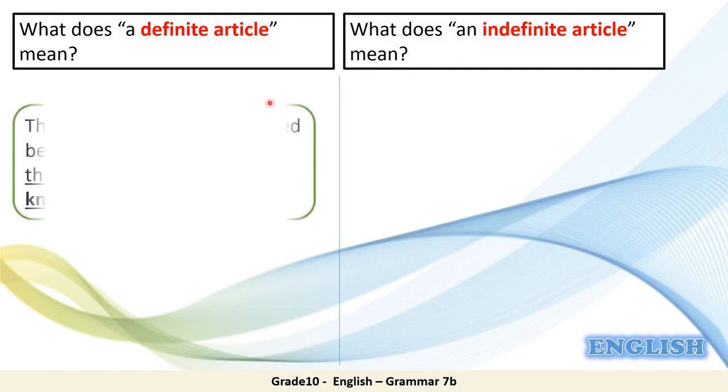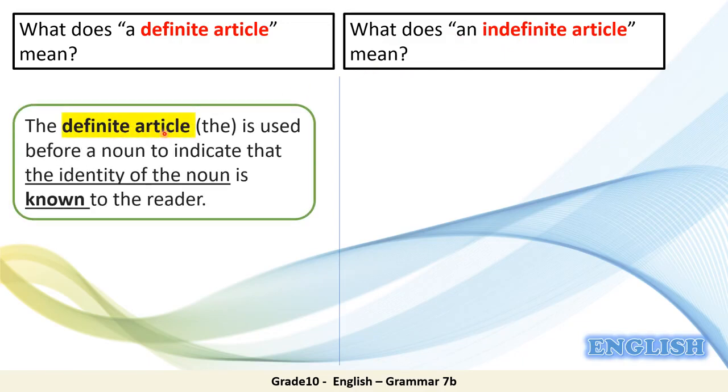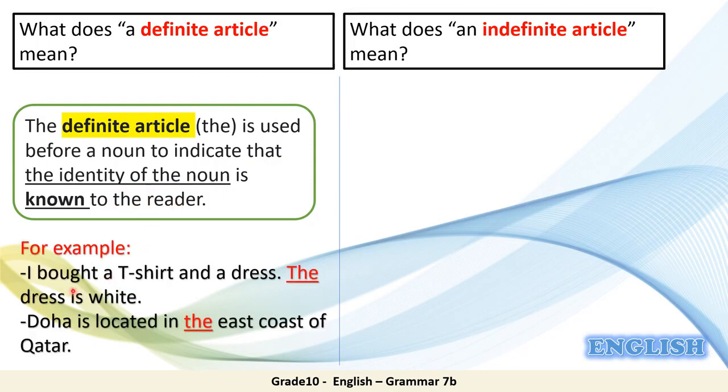Let's find out together. A definite article, which is the, is used before a noun to indicate that the identity of the noun is known to the reader. For example, when you say, I bought a t-shirt and a dress. The dress is white. So in the second sentence here, I use the before the word dress.